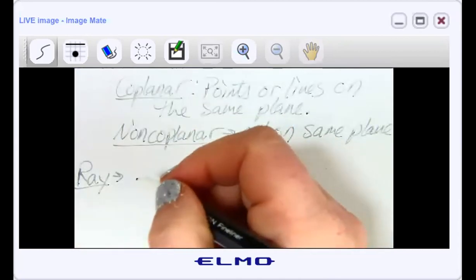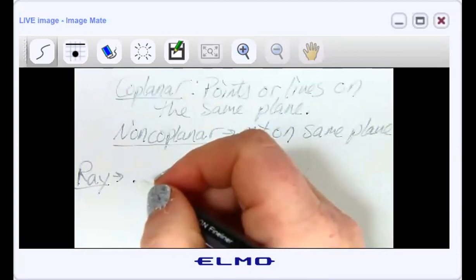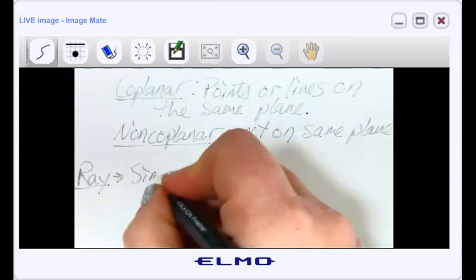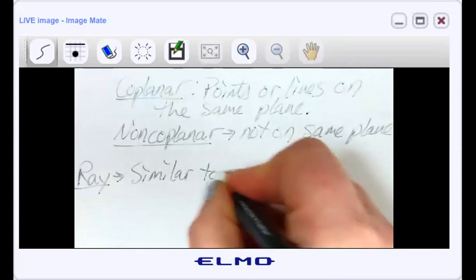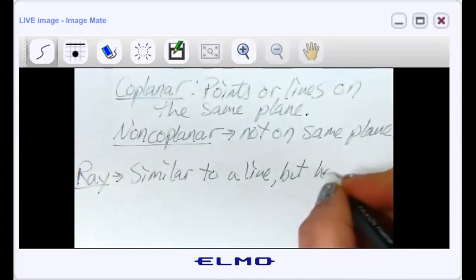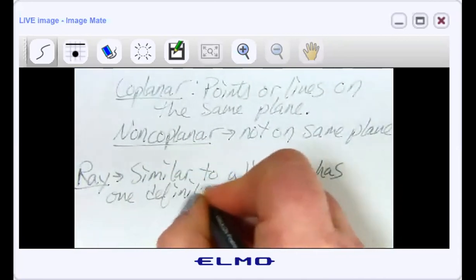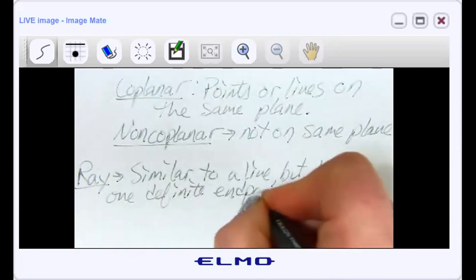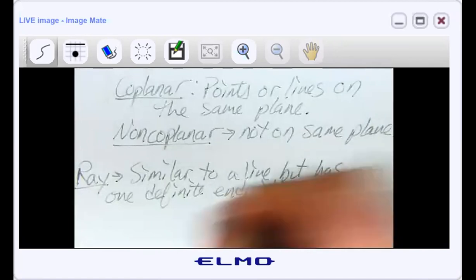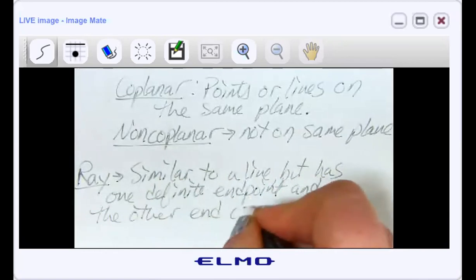Ray. So what is a ray? A ray is basically part of a line. We just cut off one side, kind of, right? So I'm going to say it's similar to a line, but has one definite endpoint, and the other end continues forever.